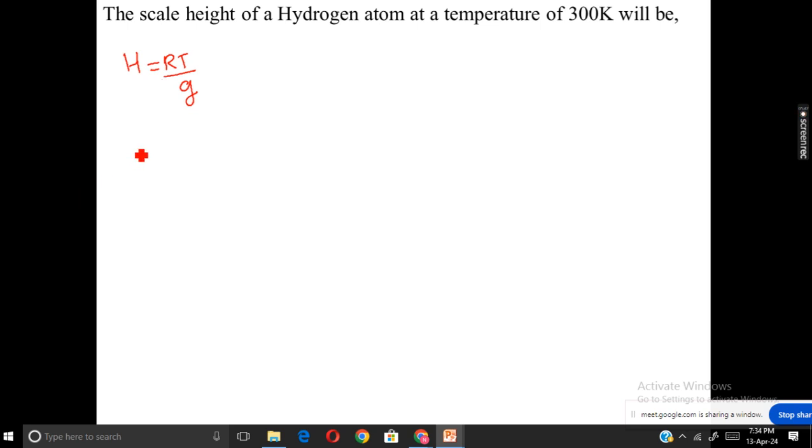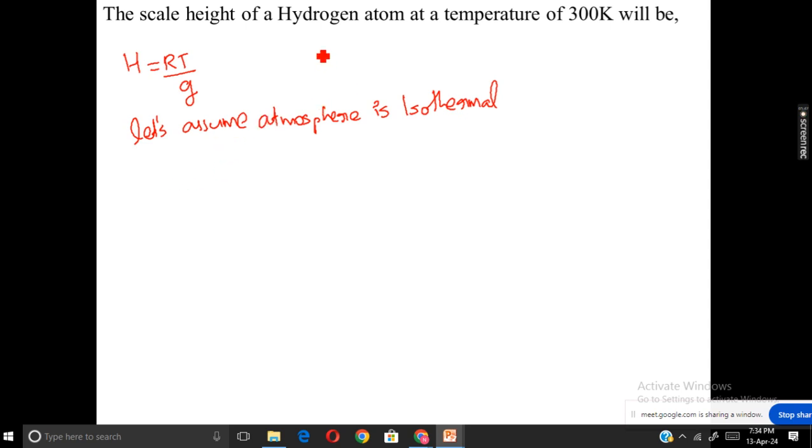So let's assume the atmosphere is isothermal so that we can use this equation for scale height, which means all along the atmosphere the value of T will be a constant. So the scale height is given by RT by g.